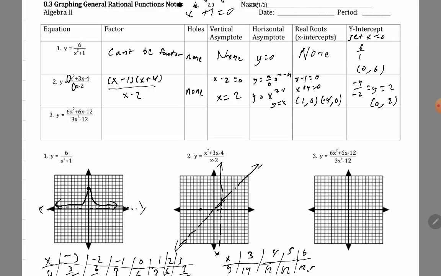Wait a minute. Oh. Okay. So it's kind of weird. So this is all really high up.